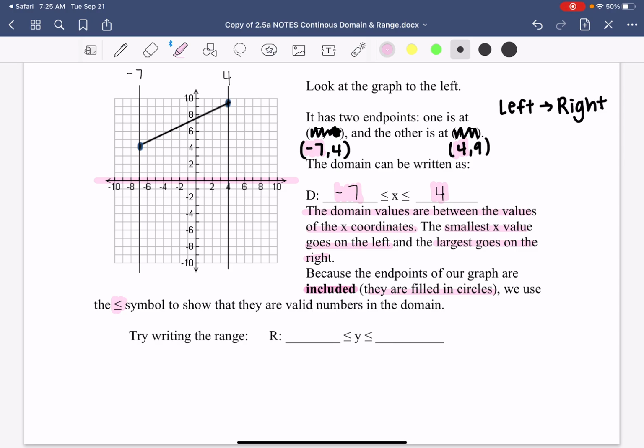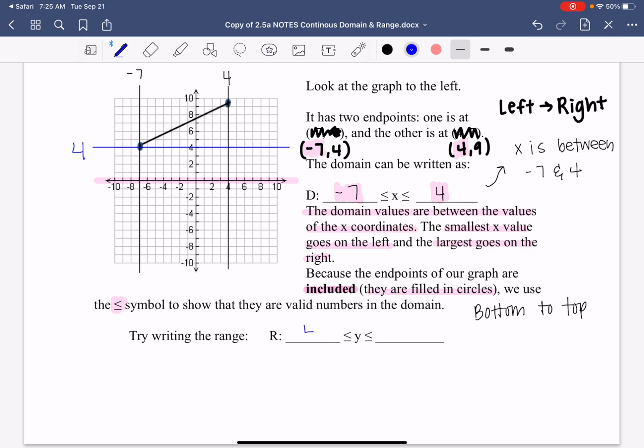Okay, try writing the range. What this is saying right here is that x is between -7 and 4. So the range, remember, the range is from bottom to top. So the most bottom this graph gets is at 4.